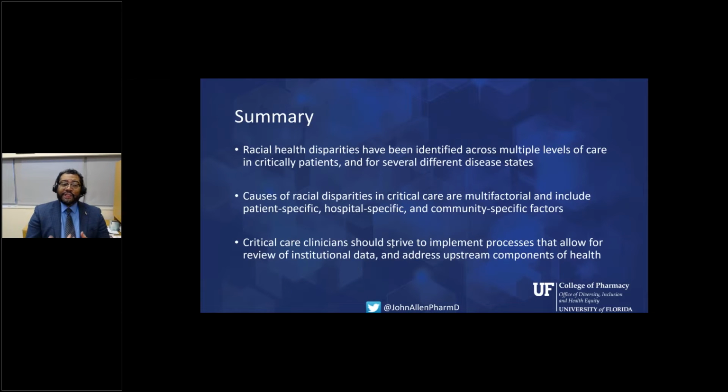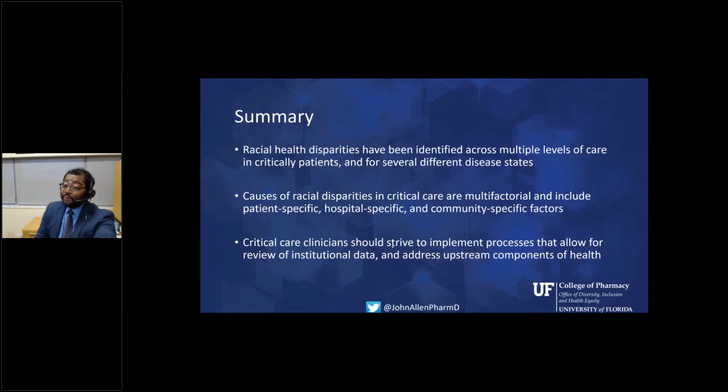Right. So in summary, racial health disparities have been identified across multiple levels of care in critically ill patients and for several different disease states. That's important to note. Causes of racial disparities in critical care are multifactorial, but include patient-specific factors, hospital-specific factors, and community-specific factors. And so critical care clinicians, we need to strive to implement processes that allow for the review of institutional data.